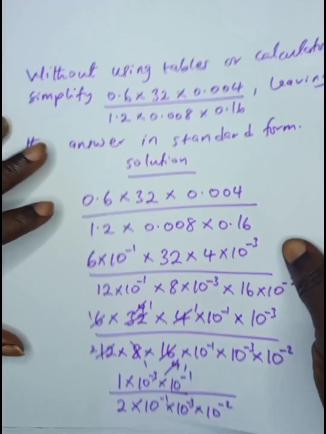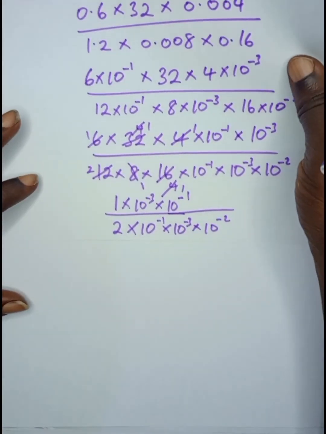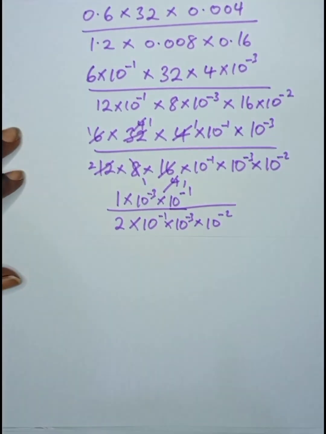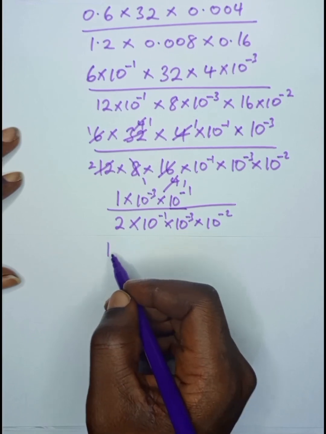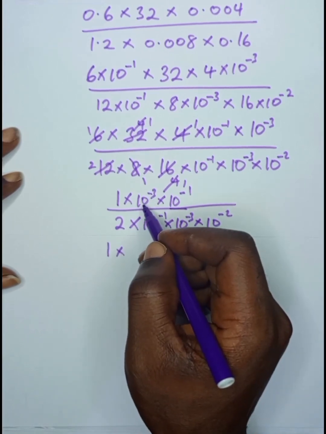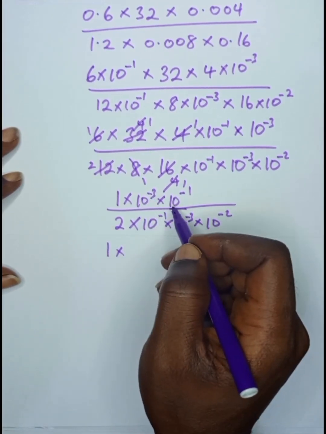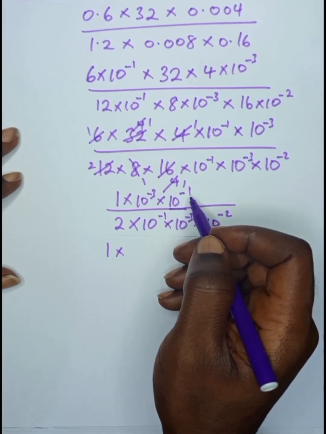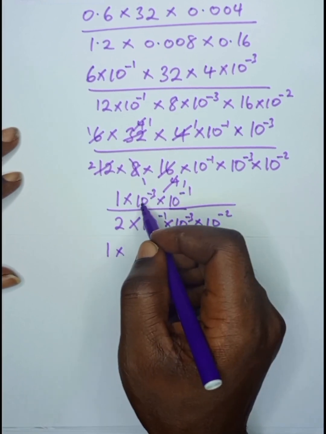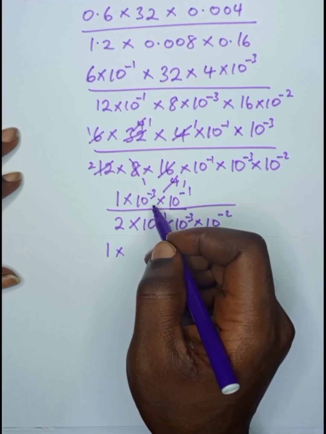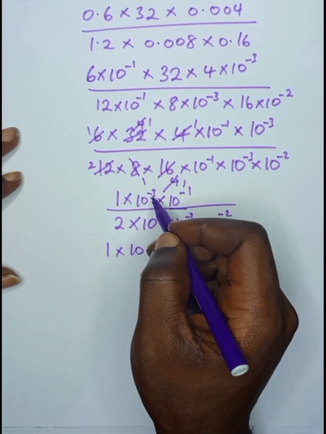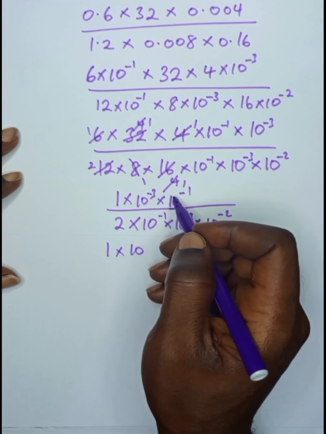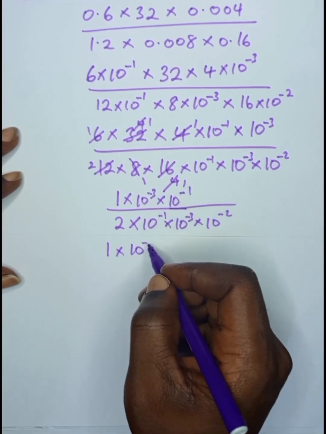Let us continue to simplify. So from here, we can say that we have 1 times, now when we have 10 raised to the power minus 3 times 10 raised to the power minus 1, since they have the same base, we maintain one base, then we sum the powers. So minus 3 minus 1 is minus 4.